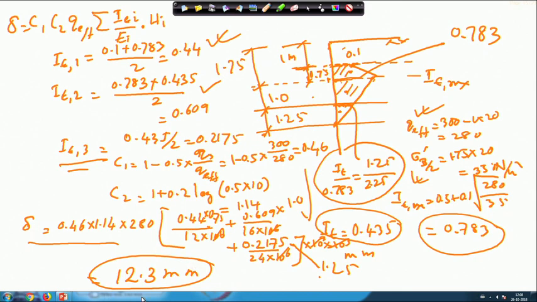So, the value will come close to this, but I missed this one, it has to be multiplied by thickness. Here also multiplied by thickness, here also it will be multiplied by thickness. So, if I do all those things, then I will get a value something close to that 12.3. So, these are the steps finally to be used for calculation of elastic settlement using Schmertmann method.